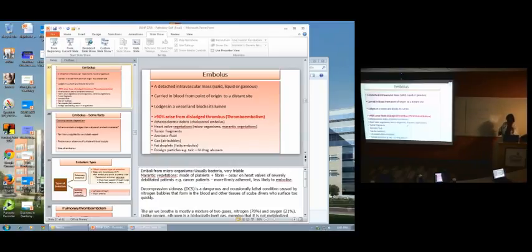There are other less important causes, but still important nevertheless: atherosclerotic debris, heart valve vegetation that I just explained, tumor fragments, amniotic fluid, and gas in deep sea divers. When they go in, you have an increase in pressure.